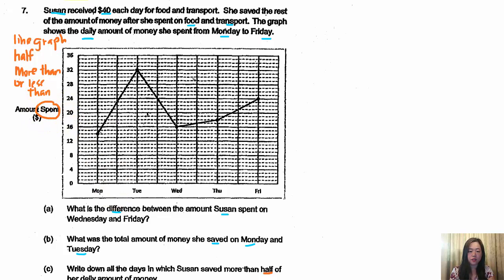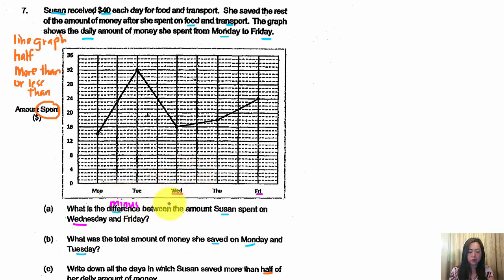So let's try to answer A. What is the difference between the amount Susan spent on Wednesday and Friday? Difference is to compare the extra, which is to minus.